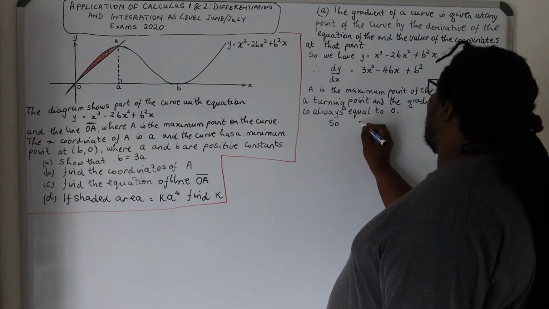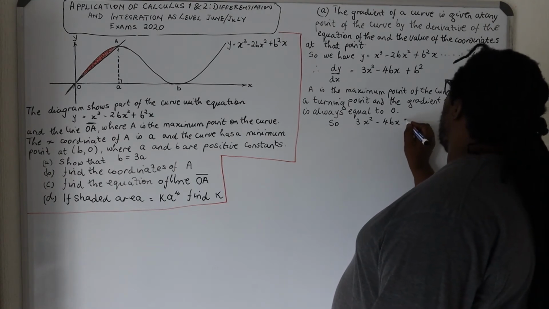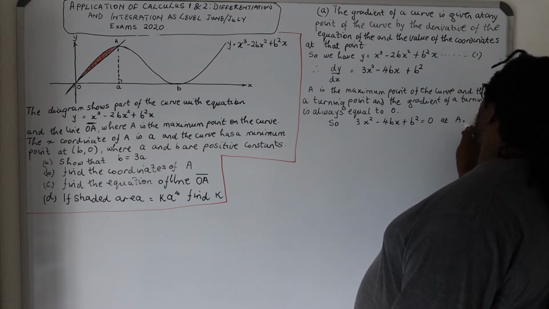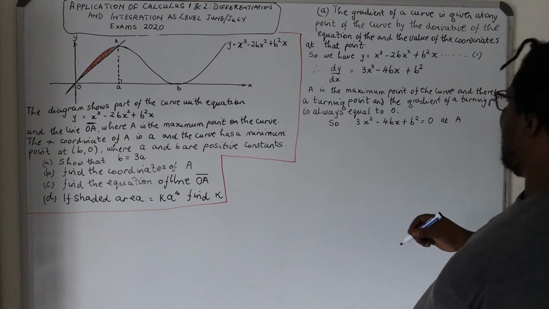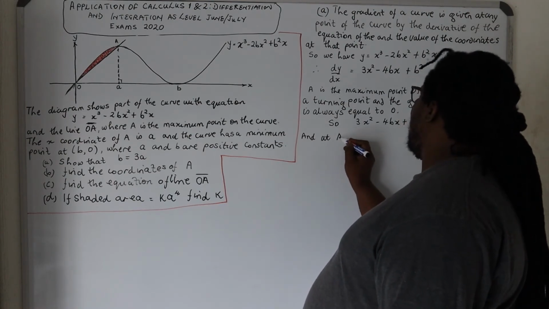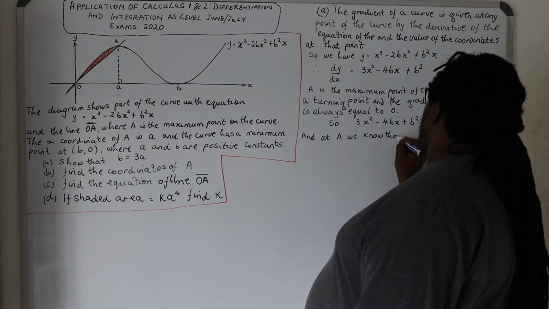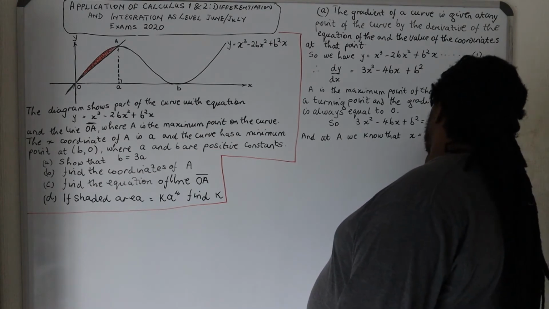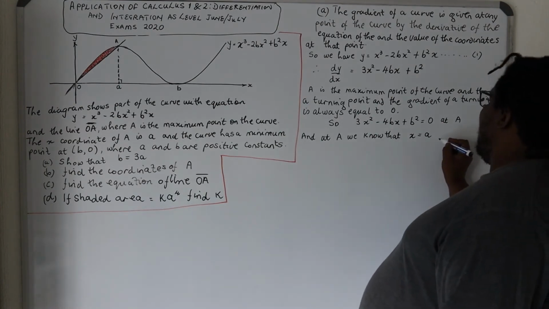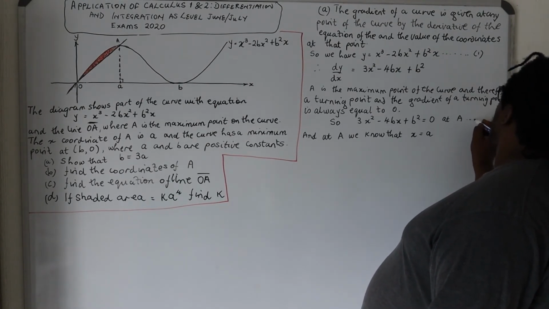So 3x squared minus 4bx plus b squared is equal to 0 at A. And at A, we know that x is equal to small letter a, you can call this equation 2.